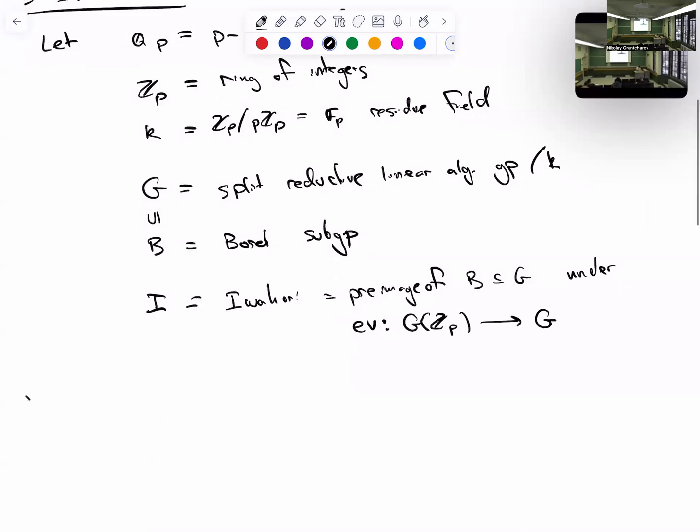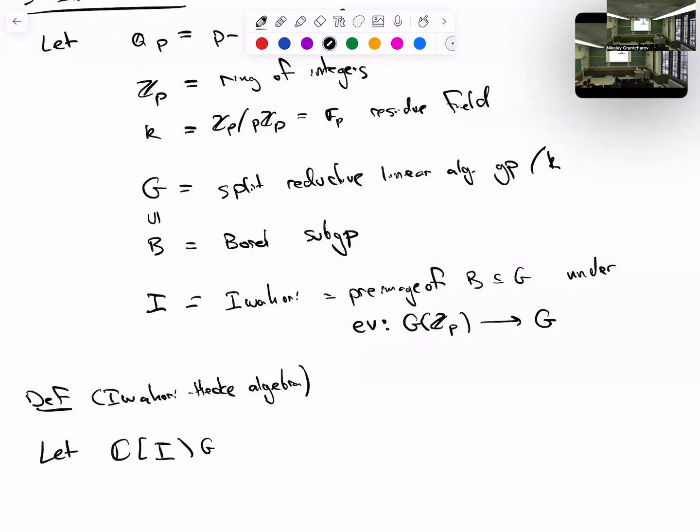Now let's go straight into the definition of the Iwahori-Hecke algebra. So this will consist of compactly supported functions on this double quotient space, I\G(Q_p)/I. It consists of compactly supported functions on the p-adic group.